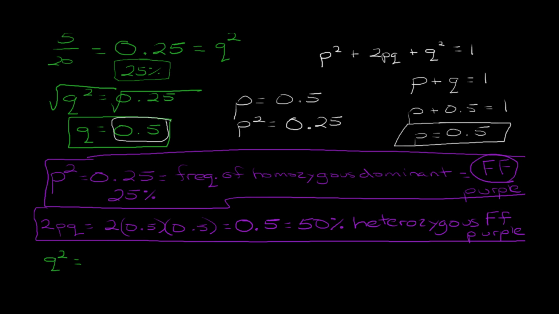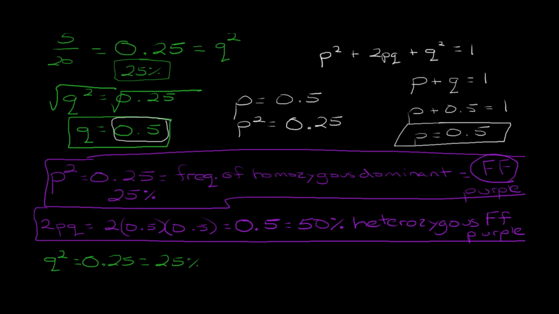Remember, Q squared was 0.25. Right here, we had Q squared up here. Q squared is 0.25, which equals 25%.